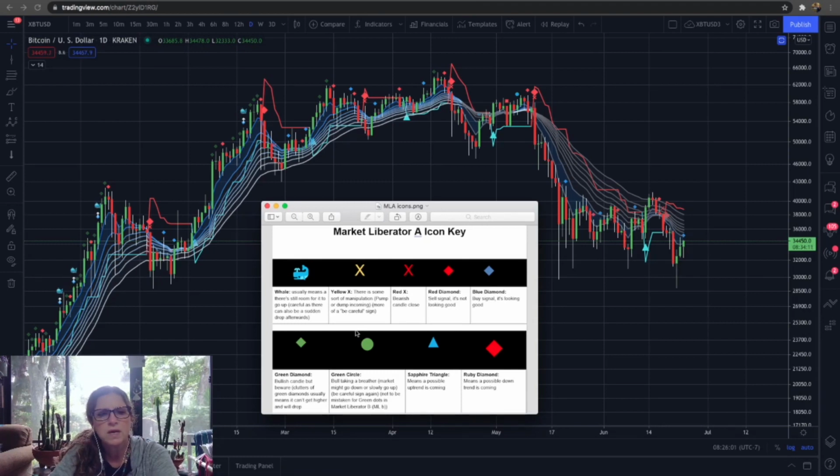Before I get into the icons too much, I wanted to talk about this ribbon here. This is an EMA ribbon. It's used for support and resistance. What I liked about it is when we're in an uptrend, the ribbon turns bright, and when we're in a downtrend, the ribbon turns dark. Also, we have this little trend indicator line here.